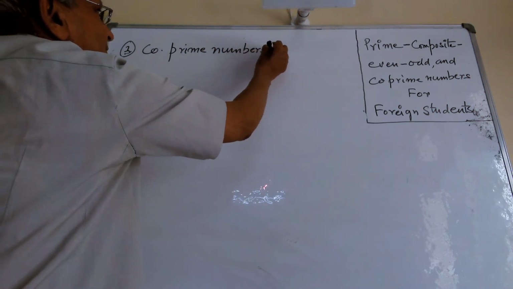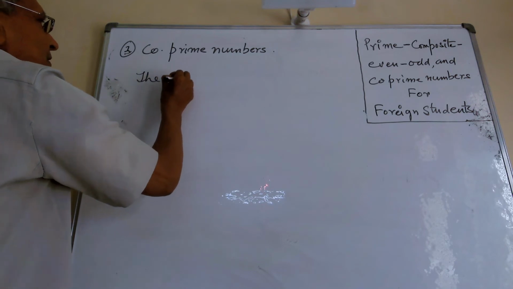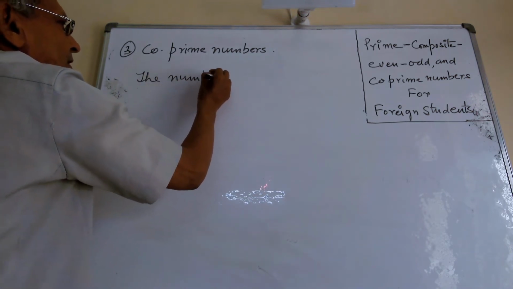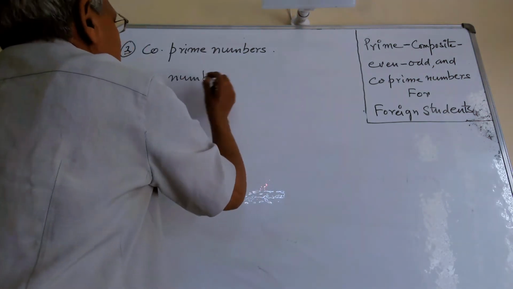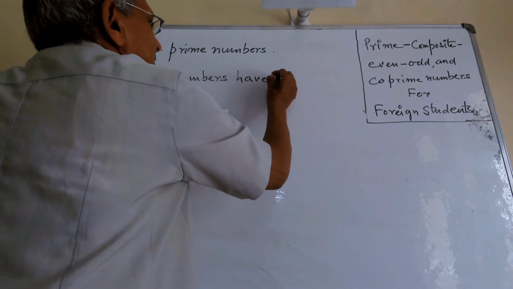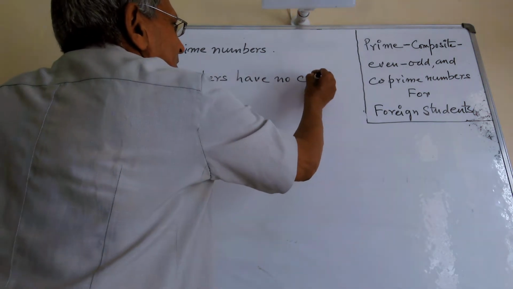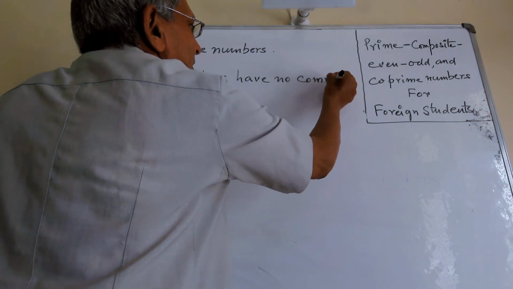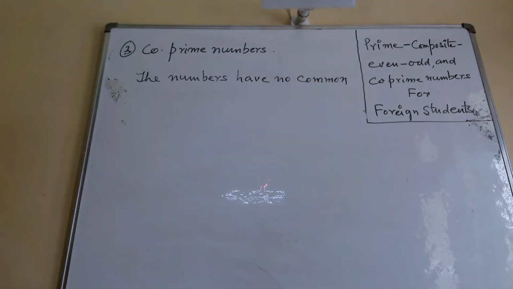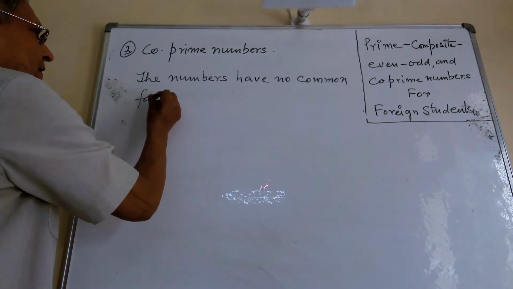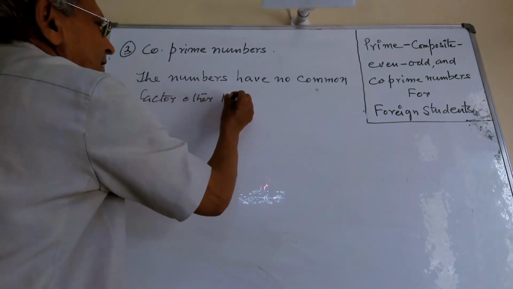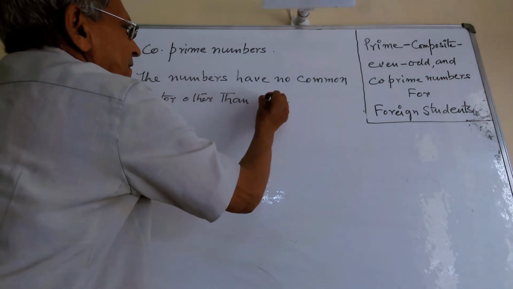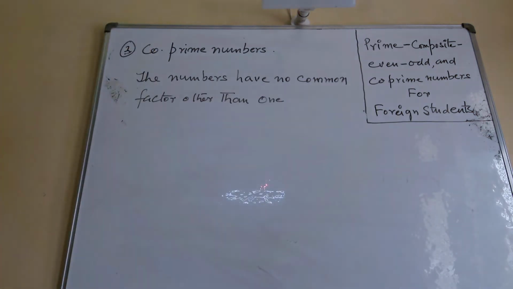Co-prime numbers are numbers that have no common factor other than 1.